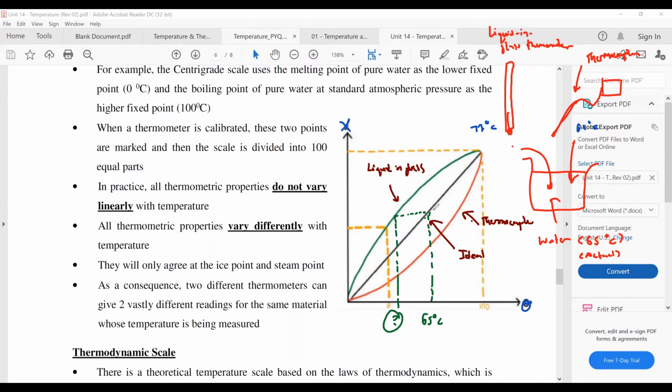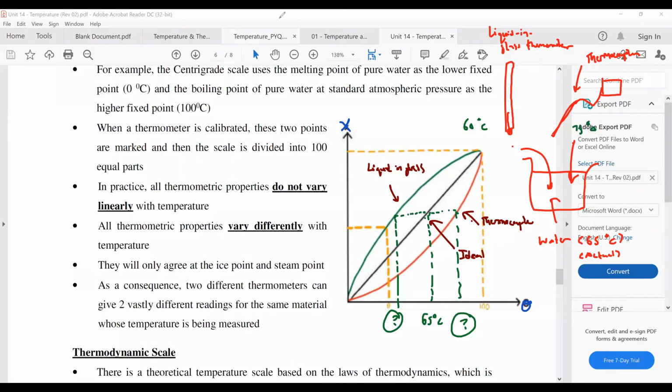For the thermocouple, if you follow the actual thermometric property, it's going to give you this value, which in turn gives you this. Maybe I did it the other way around. This one should be say 60 degrees. This one could be 75 degrees.